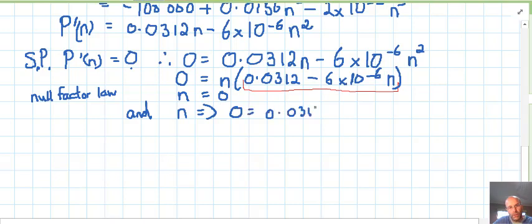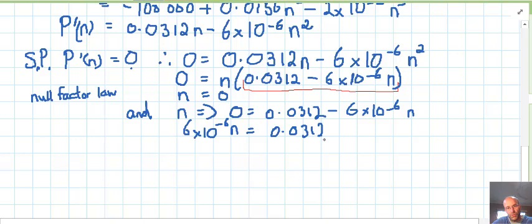So 0.0312 minus 6 by 10 to the negative 6 n equals 0. So 6 by 10 to the negative 6 n equals 0.0312.